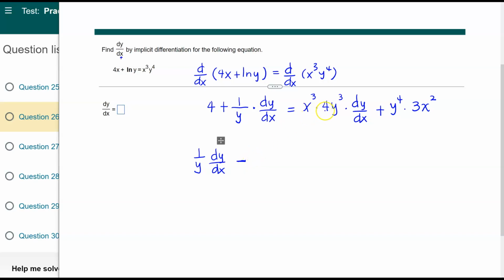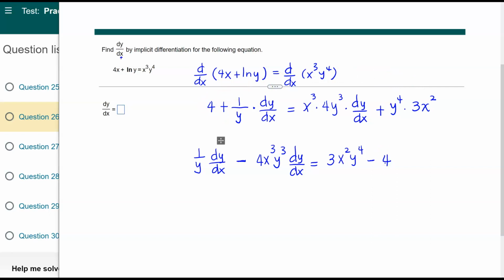So you have minus, you multiply these two, 4x cubed y cubed dy/dx is equal to, you copy that, 3x squared y to the fourth minus 4. This expression here will be moved to this side.